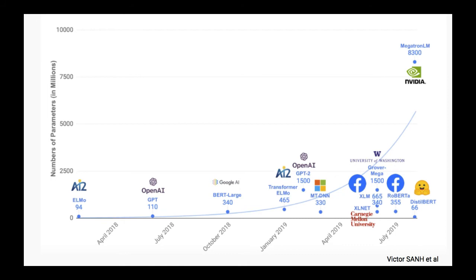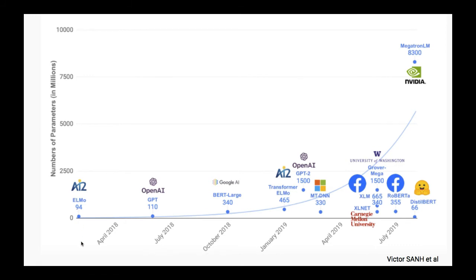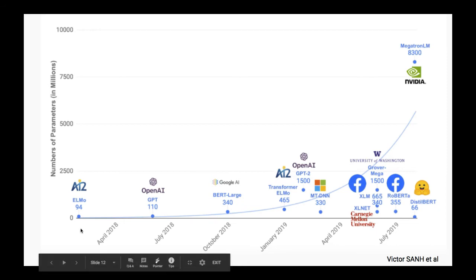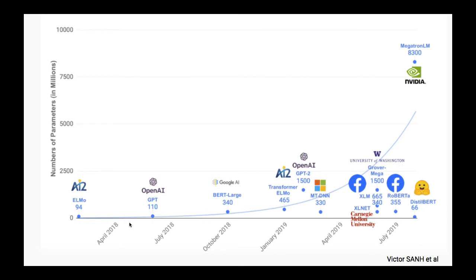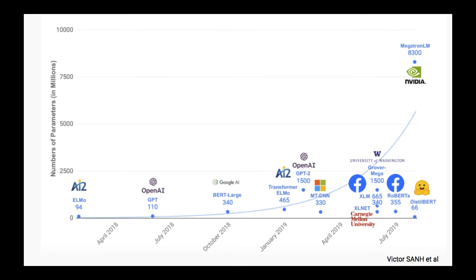Then a few months, 10 months or a year later, Google released a new model, and roughly a few months later, OpenAI released GPT-1, which has 110 million parameters.